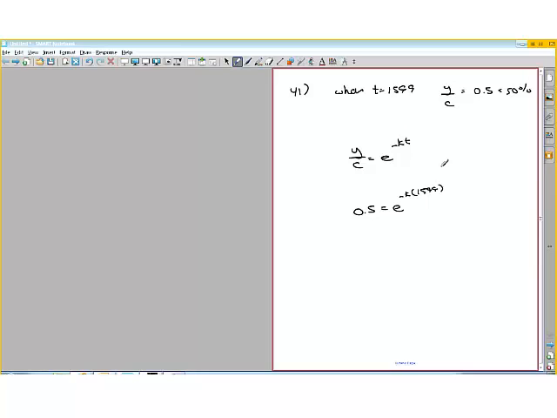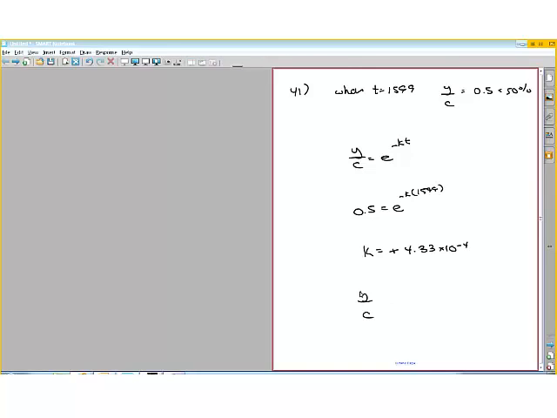So K is the natural log of 0.5 divided by 1,599. If you solve for K, we've already done it, so we don't need to do it again. K is equal to negative, or actually positive, because I have the negative sign here, 4.33 times 10 to the minus 4.